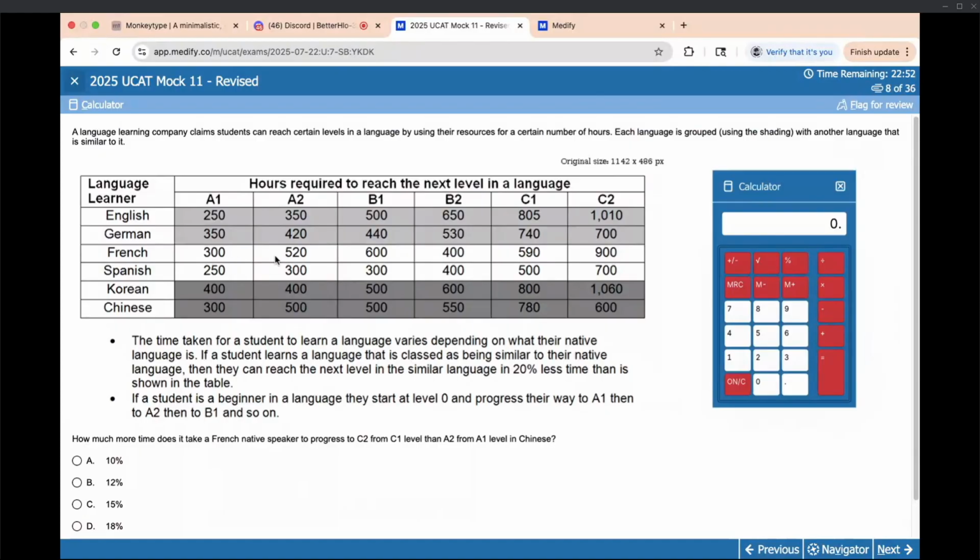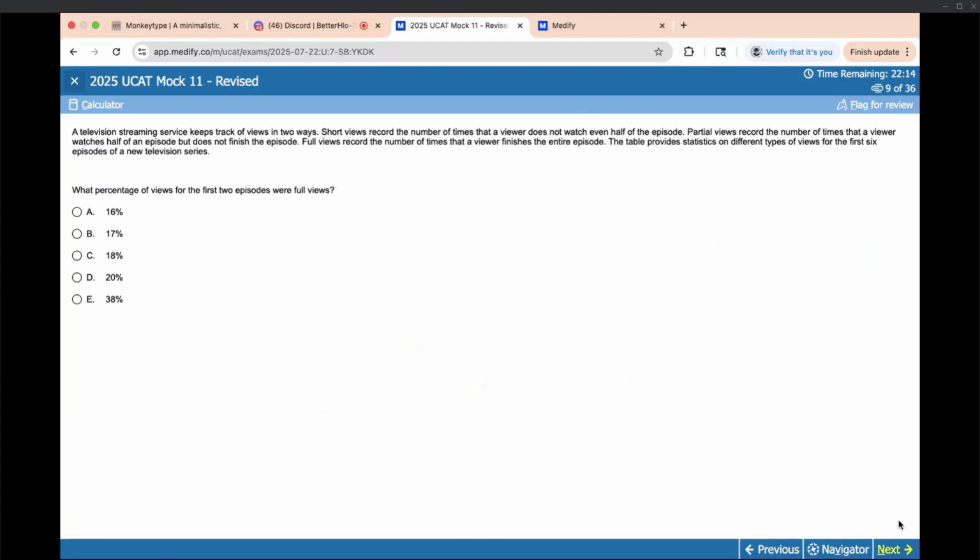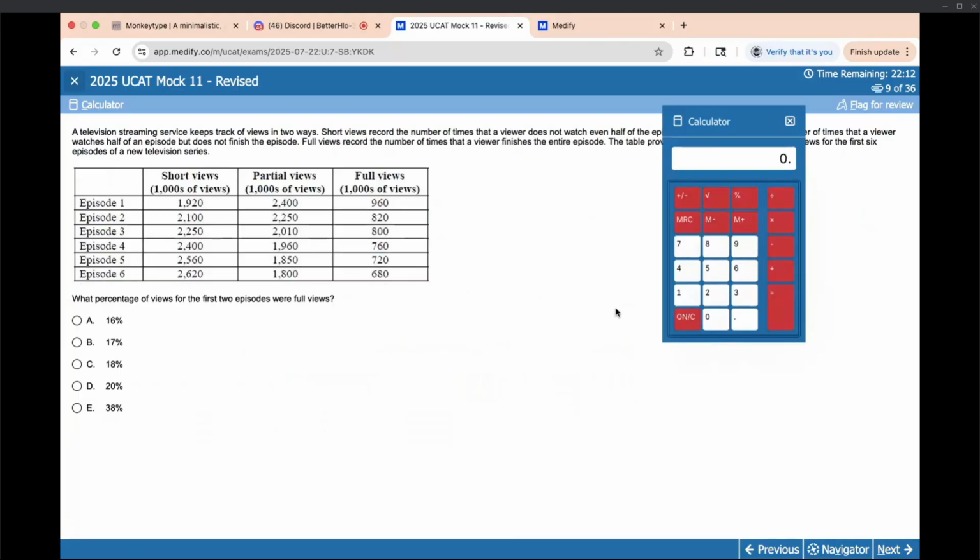C1 to C2. French native. C1 to C2. So 600. 100.